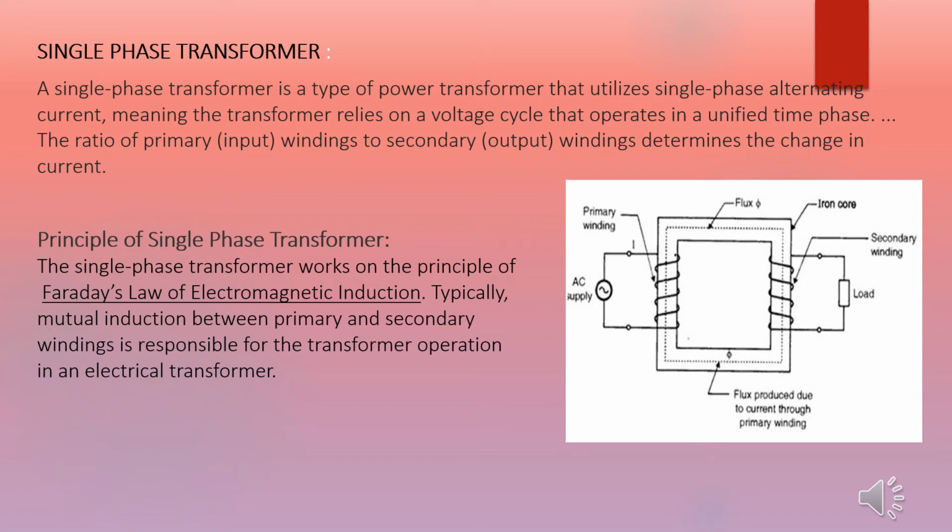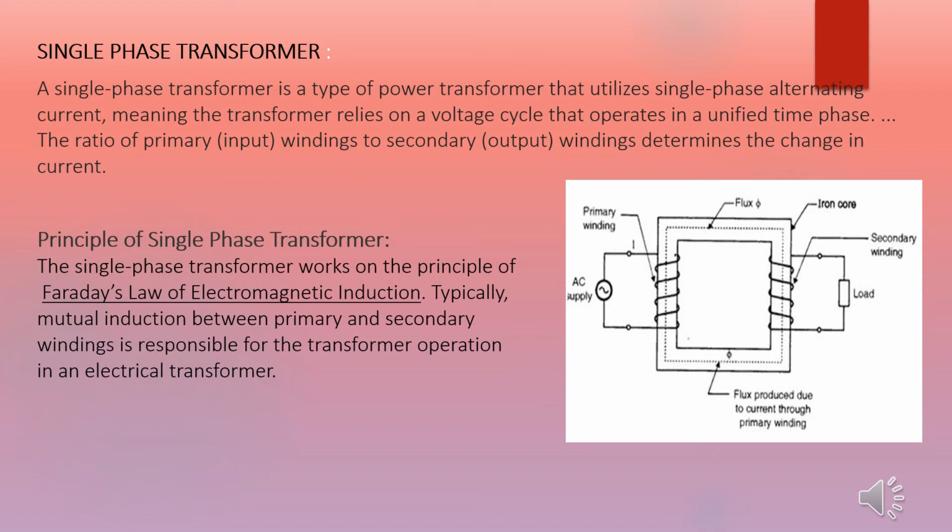When we supply a current to the coil on the primary side, as you can see in figure, the primary winding is wound on the core. When we supply electricity or voltage to the primary winding, it generates a flux in the core. This flux will travel to the other side where there is a secondary winding.